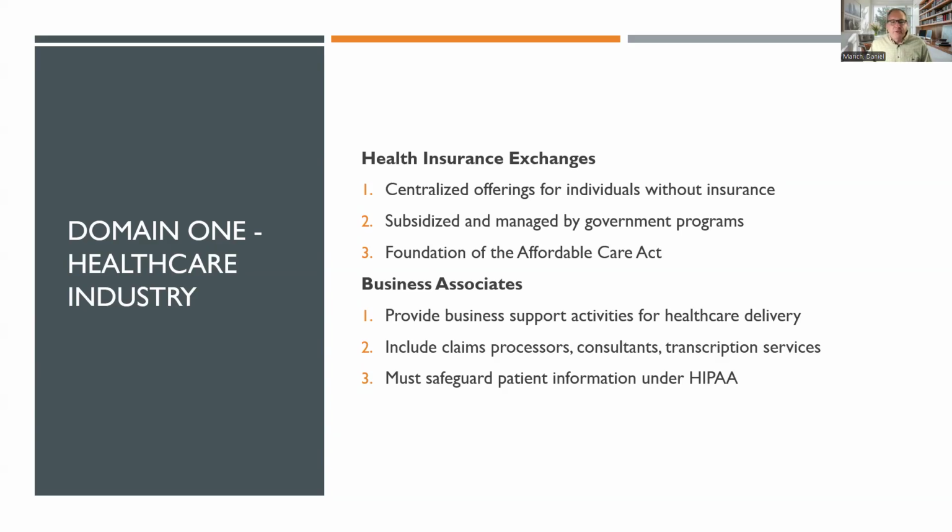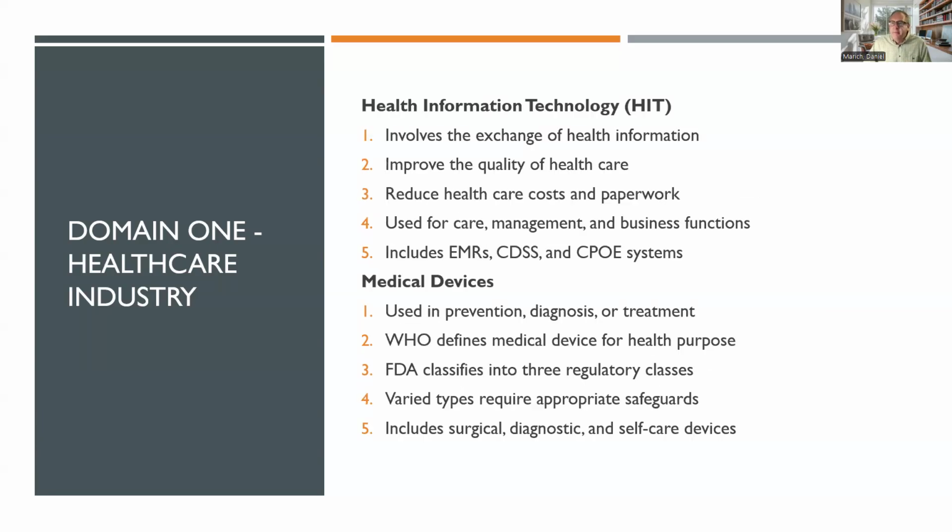This is where we first also get introduced to the term business associate, which is a business that provides support or activities for healthcare delivery, includes claim processors, consultant, transcription services, and they also must safeguard patient information. HIT, health information technology, is defined in the healthcare industry's domain. Exchange of health information, improves the quality of healthcare is a big goal of health information technology.